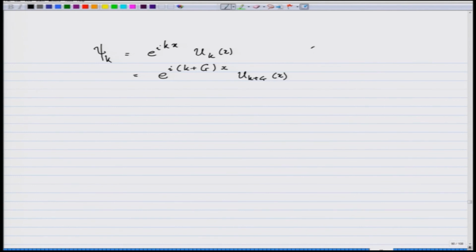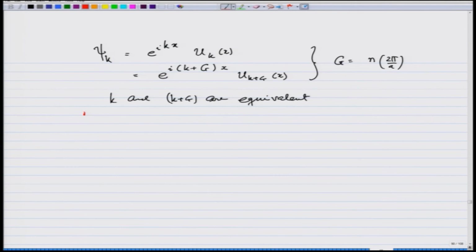G obviously, as we have been saying, is some n times 2 pi over a. So, k and any k plus G are equivalent as far as the wave function is concerned, and this is because of the periodicity of the wave function and periodicity of the lattice.